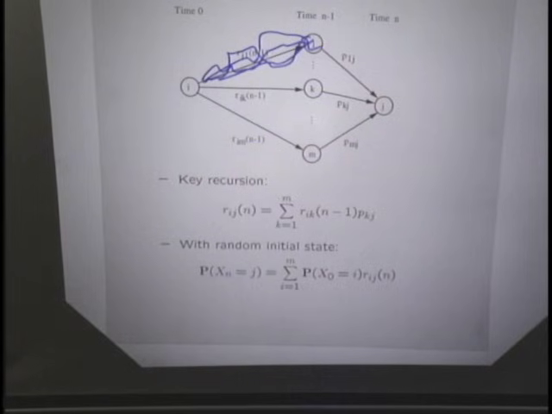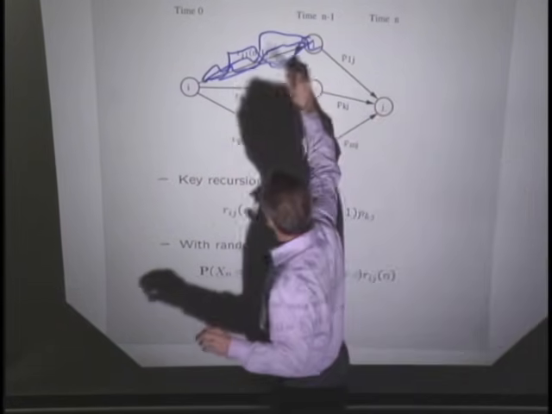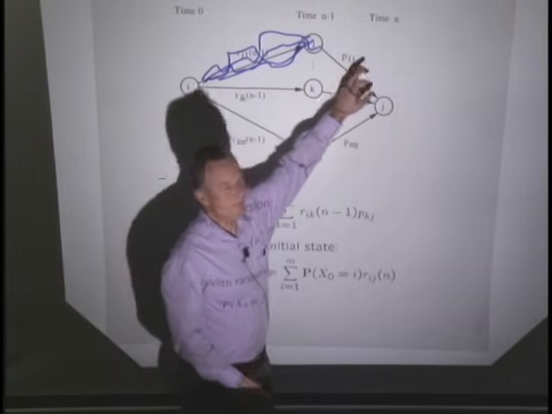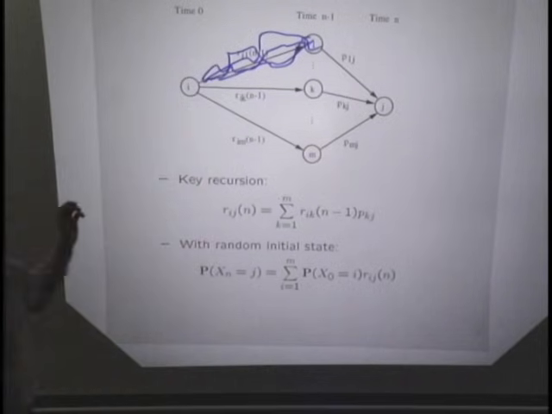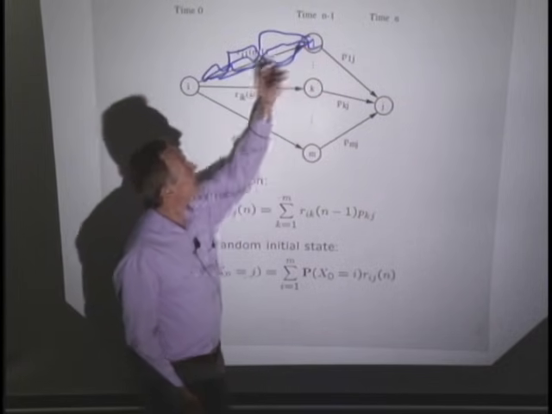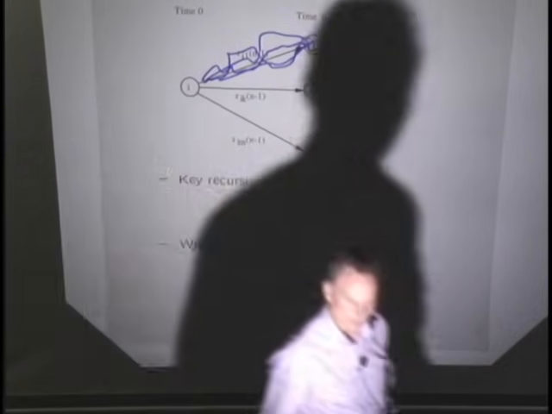If we didn't have the Markov assumption, we would have needed to consider all possible individual trajectories here, and then use the transition probability that corresponds to that particular trajectory. But because of the Markov assumption, the only thing that matters is that right now we are at state 1. It does not matter how we got there.